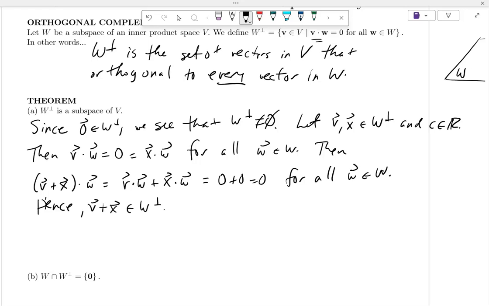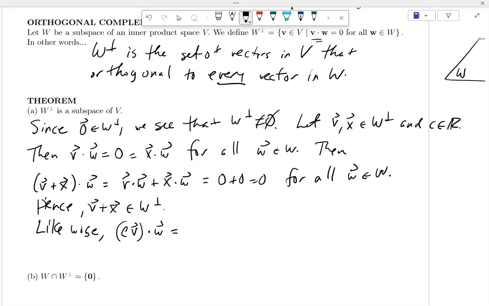Likewise, I want to show that it's closed under scalar multiplication. So I need to show that c times V is back in W perp. What do I want to do with the c times V? Yeah, dot it with W, good.